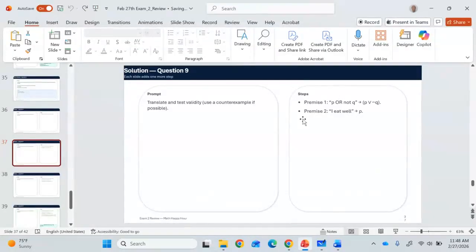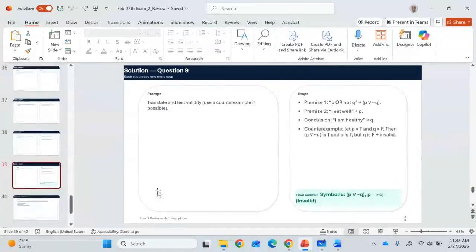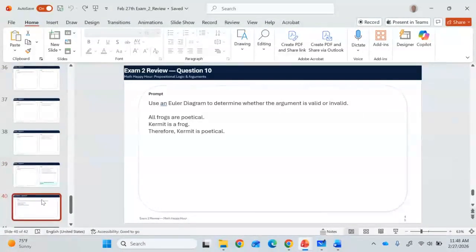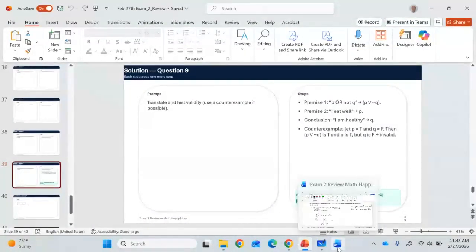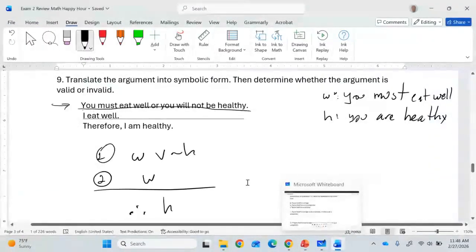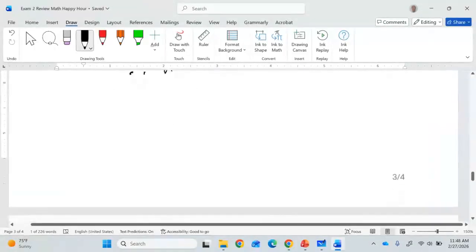Each one of those lines is called a premise. So you have premise 1, premise 2, and then the last line is the conclusion. So this is how it looks in symbolic form. Now, unfortunately, there is no truth table here. So I'll come back and do it, or let me see if I could do it very quickly.